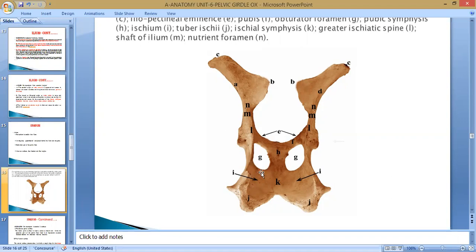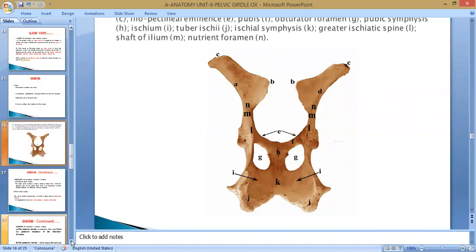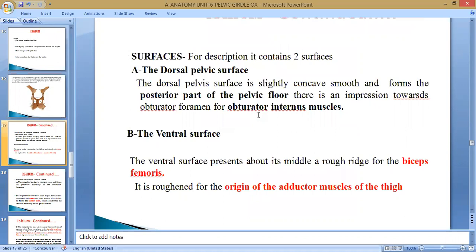This is the dorsal border or pelvic floor, which forms the floor of the pelvic girdle. Mostly the posterior two-thirds is formed by the dorsal border of the ischium bone. So this is also known as the pelvic floor.